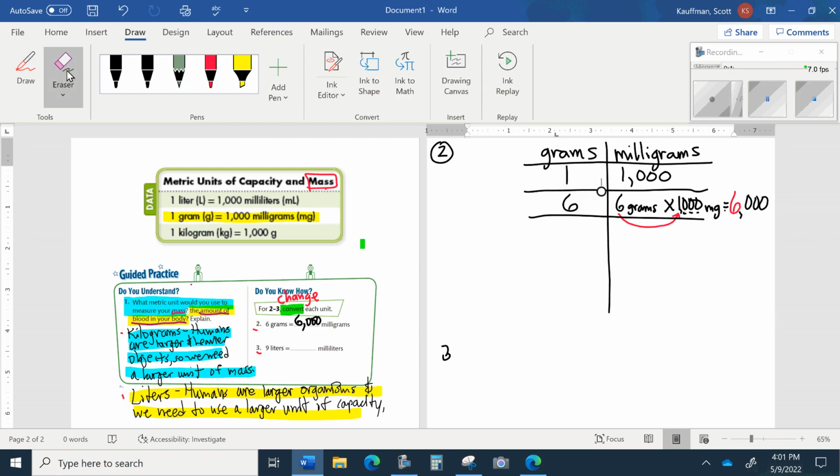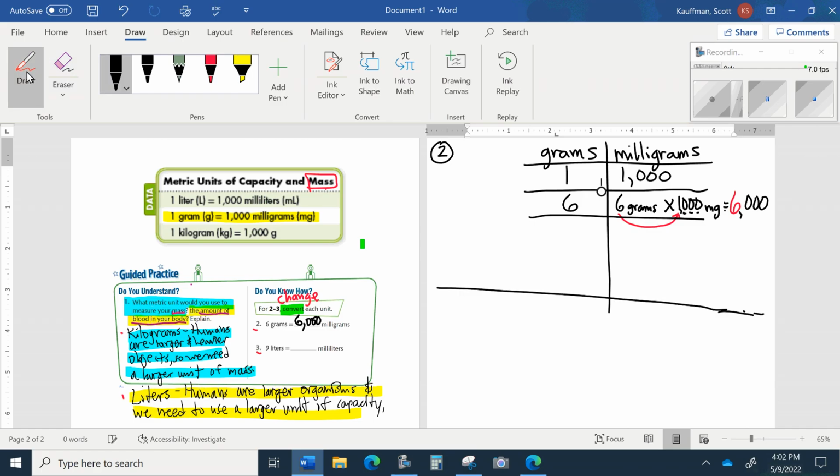Okay, I'm actually going to move my 3 and make myself a little bit more room right here since I got room. All right. So for number 3, we are converting liters, I'll use that same line, to milliliters. All right.